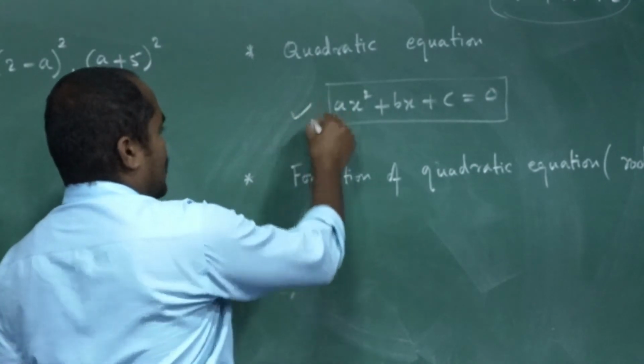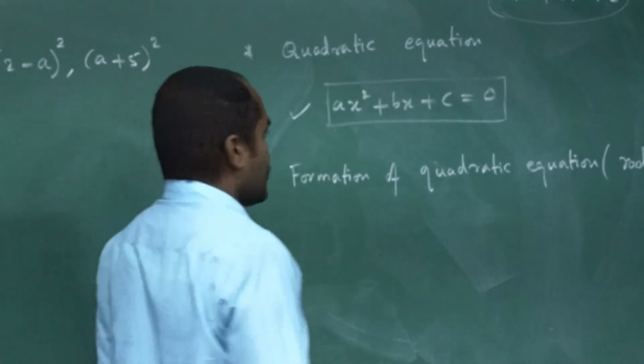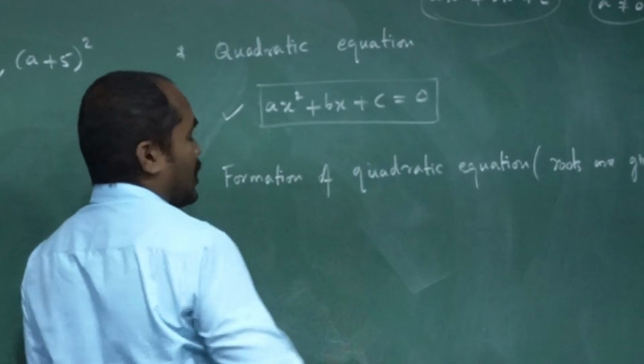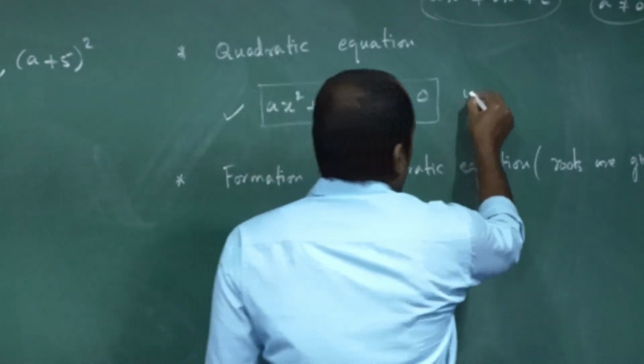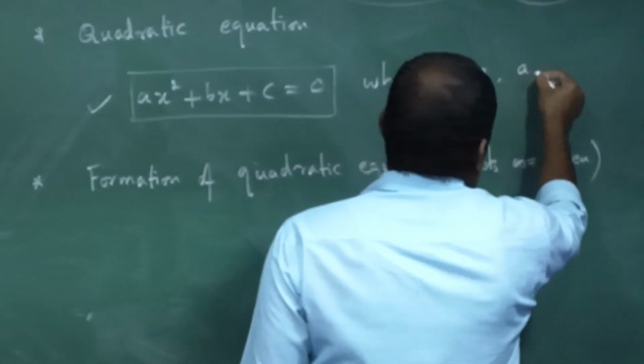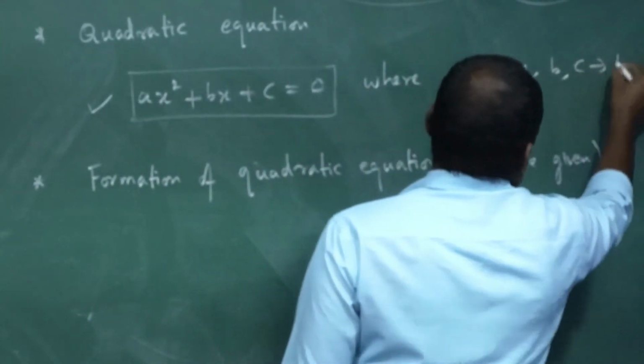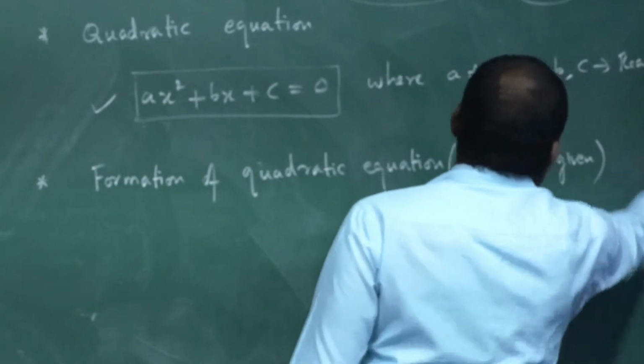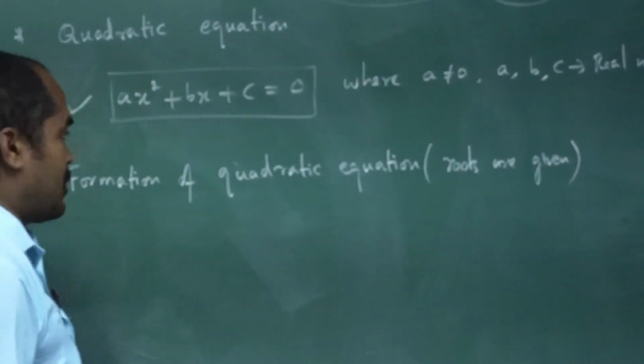This is the standard form of a quadratic equation, where a is not equal to 0, and a, b, c are real numbers.